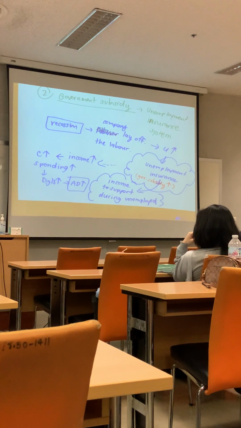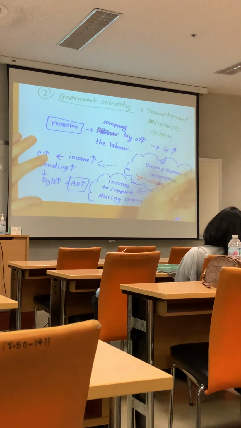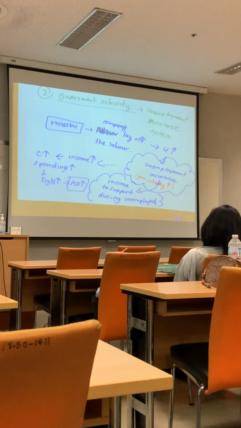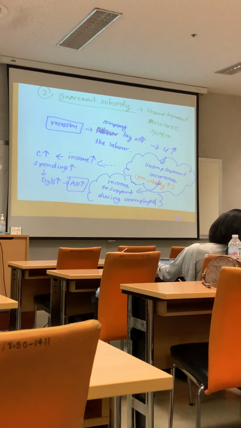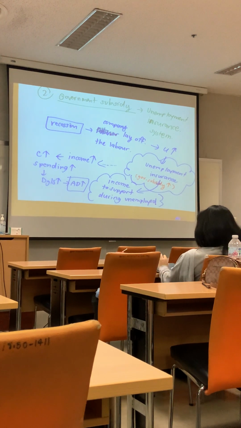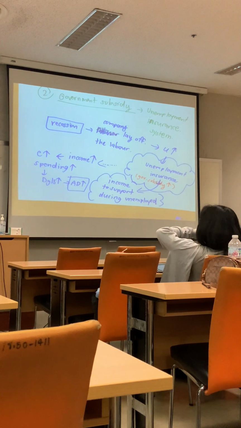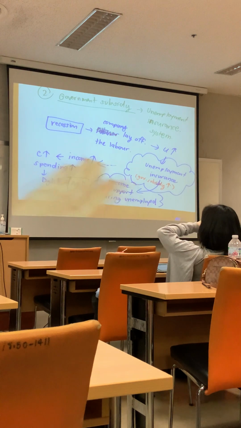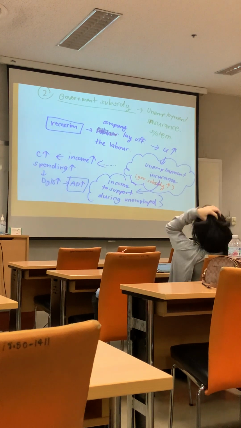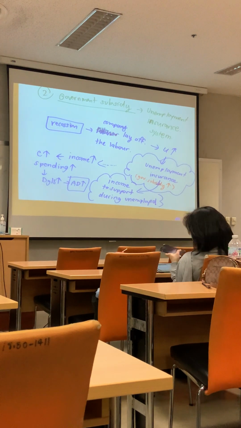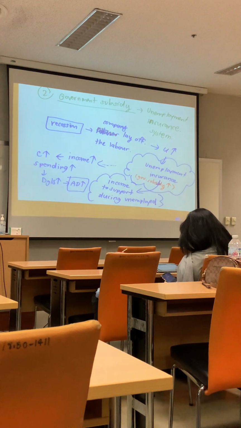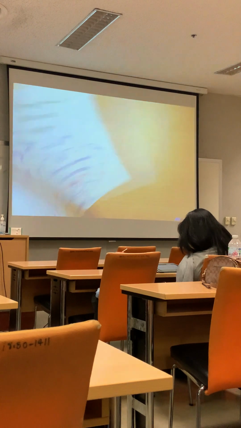For unemployment insurance, the government will give money to support, yes, but the government maybe has less funds, less money to support. And why would this system work if you have only little money to support people in your country? Maybe it doesn't work to boost up AD. Maybe it's not enough.